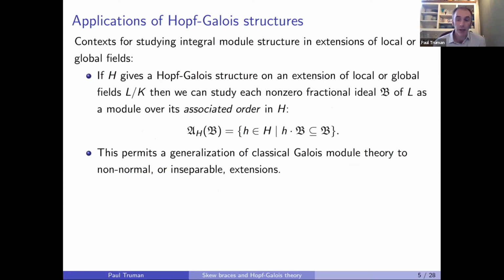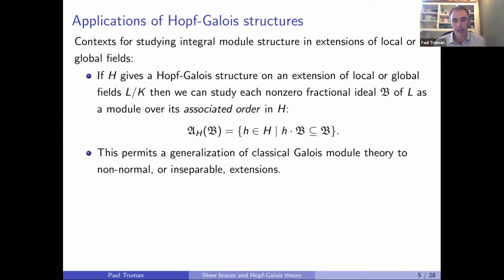So another reason why you might care about Hopf-Galois structures, very sideways from this conference, is they give you contexts for studying integral module structure, for asking questions in algebraic number theory. If I'm looking at a Hopf-Galois structure on an extension of local or global fields, then I can study the ring of integers, the valuation ring, any fractional ideal I like, relative to that Hopf-Galois structure by forming this associated order.